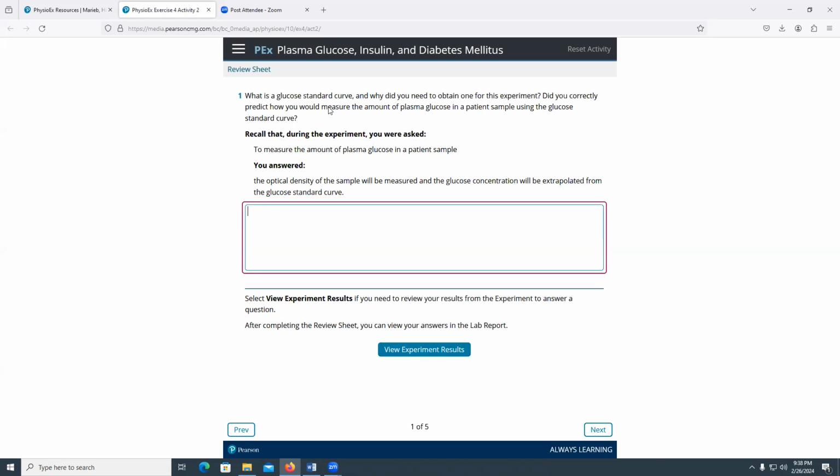So the glucose standard curve correlates the intensity of the color obtained and measured on a spectrophotometer, the optical density, to the glucose concentration. So the more glucose concentration, the more the intensity of the color obtained and measured on the spectrophotometer.